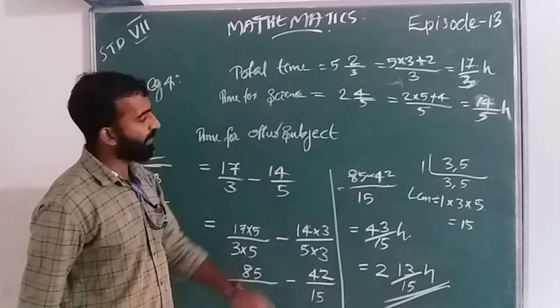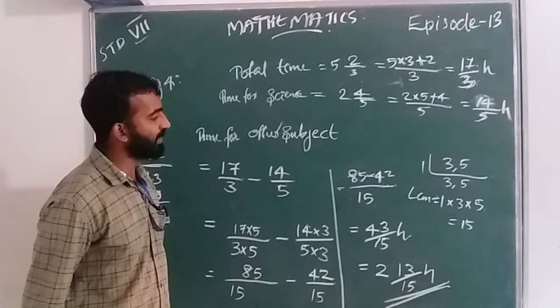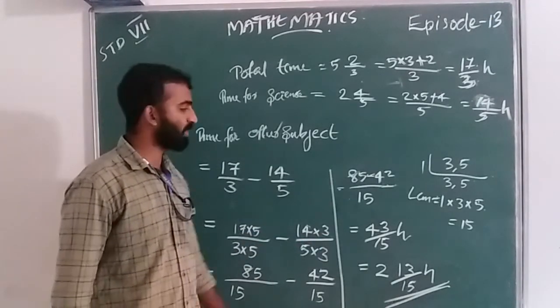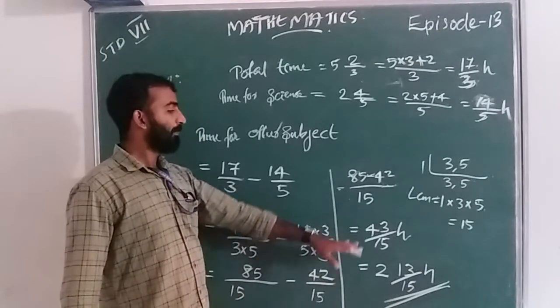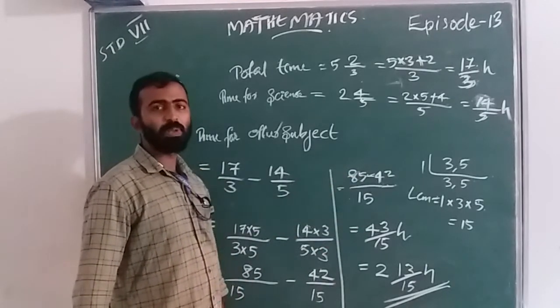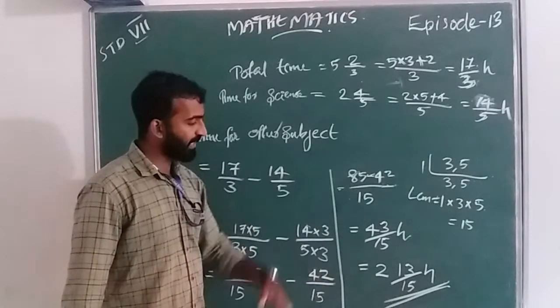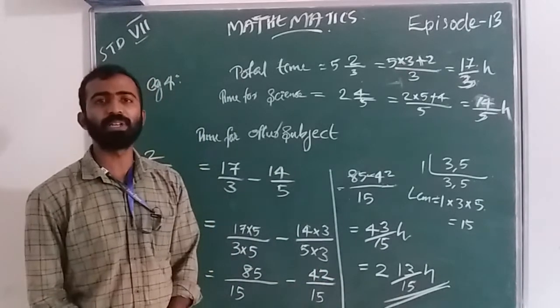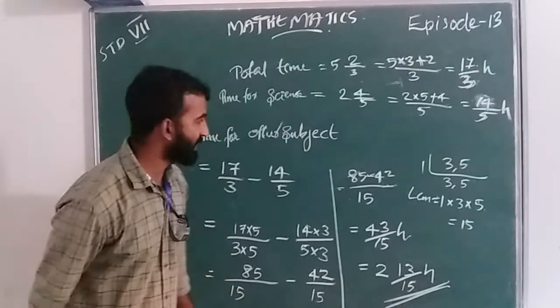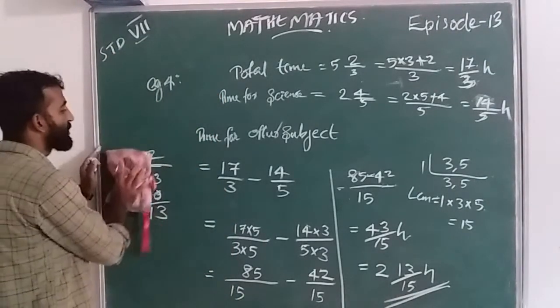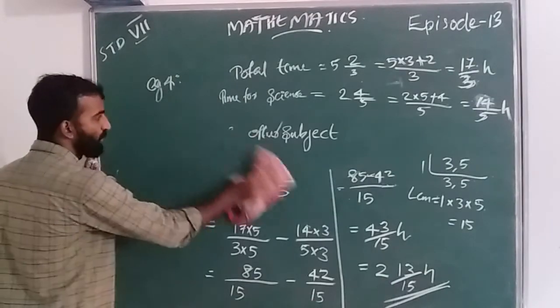Next step, 85 minus 42 all divided by 15, that is 43 by 15 hours. When we convert the improper fraction into a mixed fraction, we get 2 and 13 by 15 hours. Yes. Next we are going to discuss exercise 2.1.